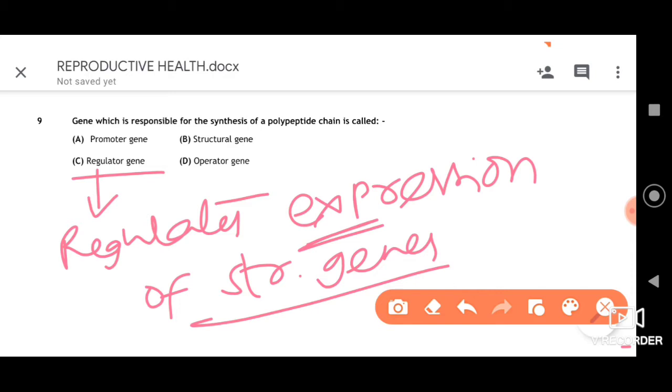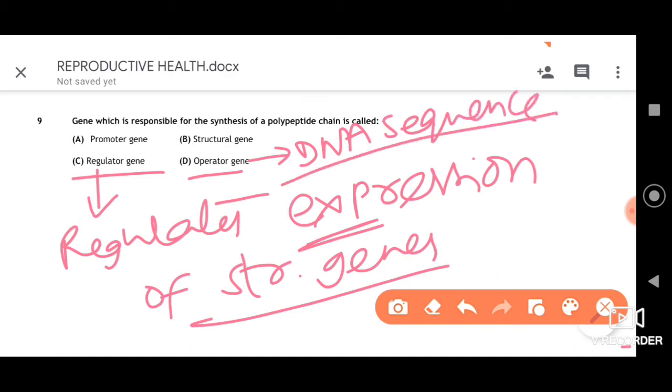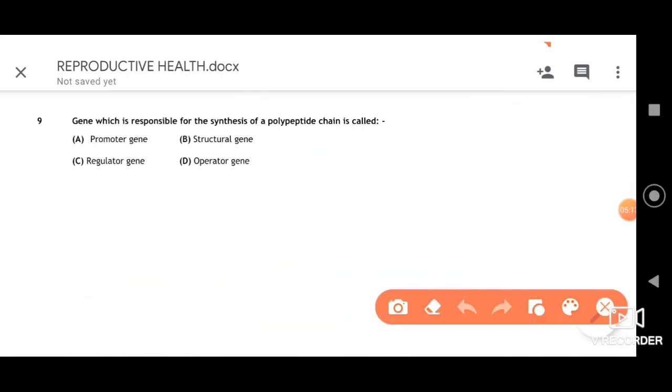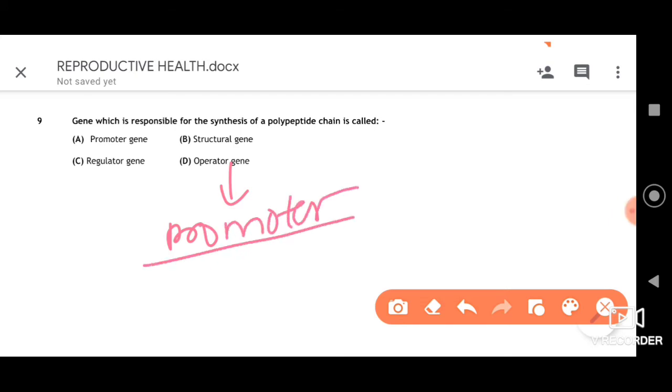Next we have the operator gene. What is the operator gene here? It is also a DNA sequence, dear friends. It is present between the promoter region, which helps in initiation of transcription, and the first coding gene.